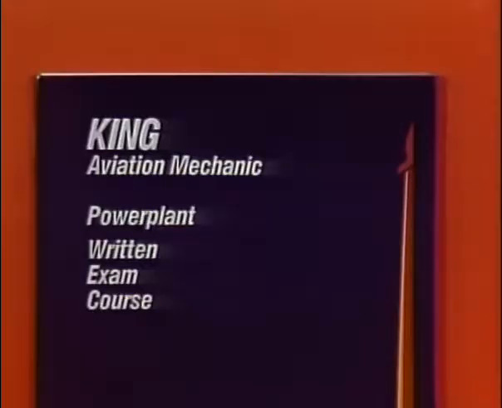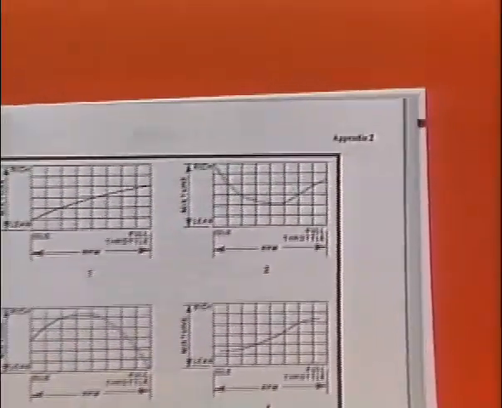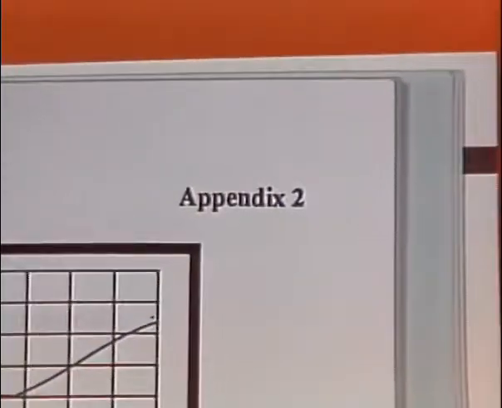Now, in the fuel system, we sometimes have fuel transfer ejectors. And take a look in the back of your King course book, behind the FAA questions in Appendix 2 at Figure 7.